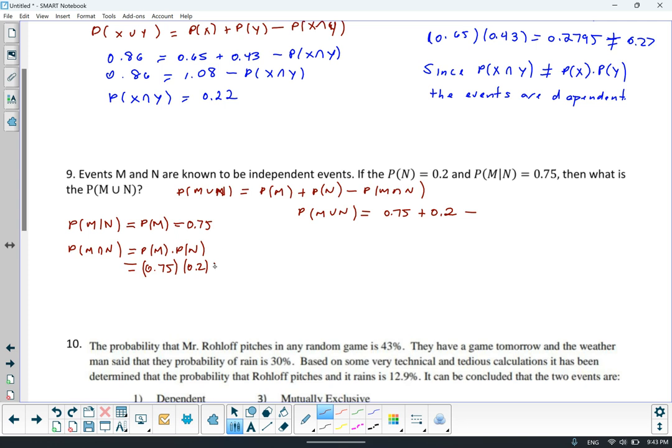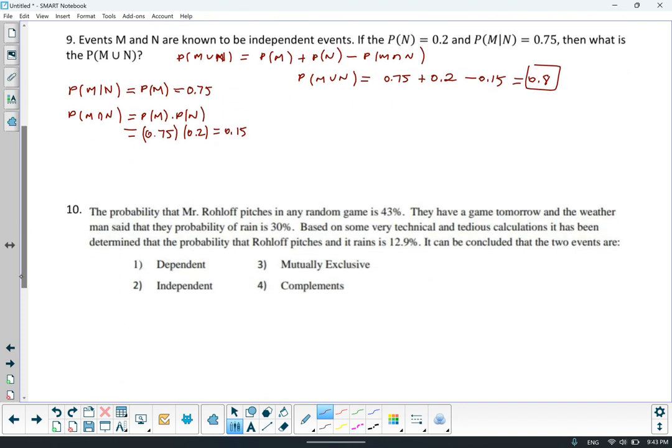So that's 0.15. So that's 0.75 plus 0.2 minus 0.15, and that's equal to 0.8. There are other ways of getting this solution. This is just one way.